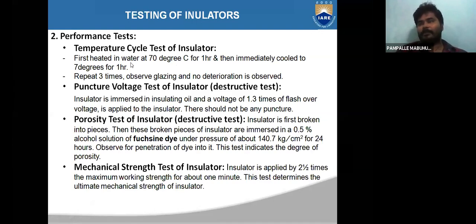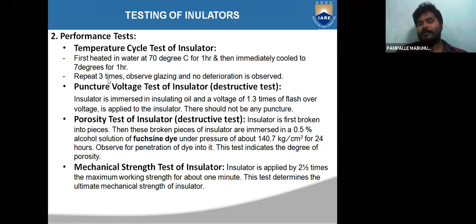So what you have to do? First you heat the insulator in the water up to 70 degrees centigrade, and keep that for 1 hour. Then immediately you cool it to 7 degrees, and again keep it for 1 hour. This process is repeated 3 times.